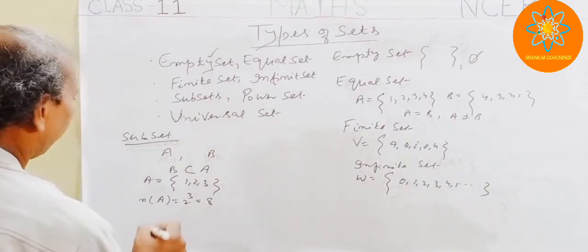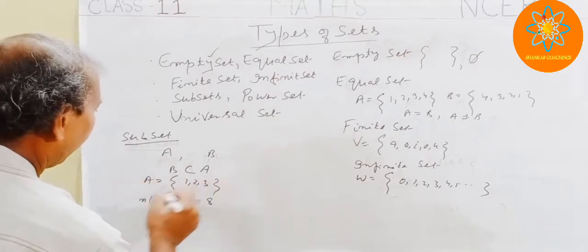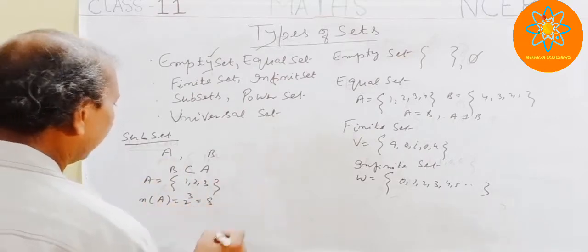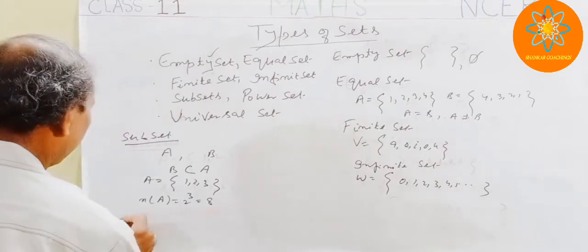Let's suppose your set is given as 1, 2, 3. So the possible cases, how many possible cases?